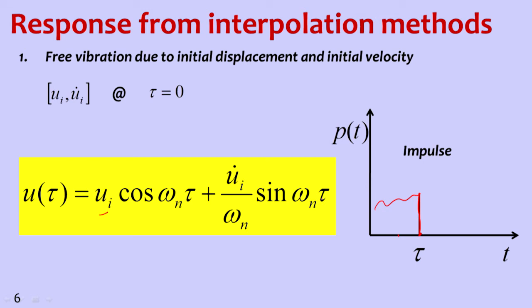We need to understand this ui and u dot i, these are initial conditions due to the application of force up to this point. If we suddenly stop force at this point, how will the system vibrate? Let me explain that. Say this is the forcing function, p of t versus t, and we are suddenly stopping the force at this point.